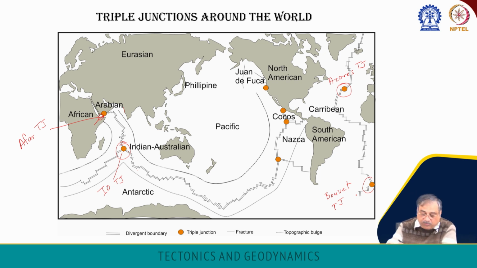Now, I'd call particular attention to a few of the ones that we'll be discussing today. One of the important ones that we'll be discussing is this one here, right? And we'll also be talking about these two towards the end of the class. Now, this triple junction here is called the Galapagos triple junction.